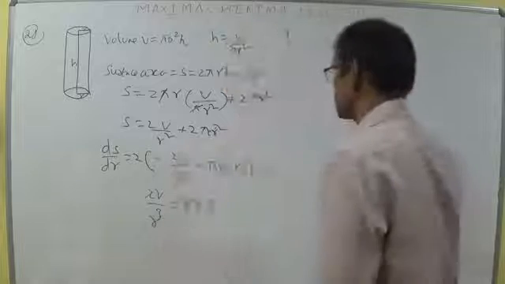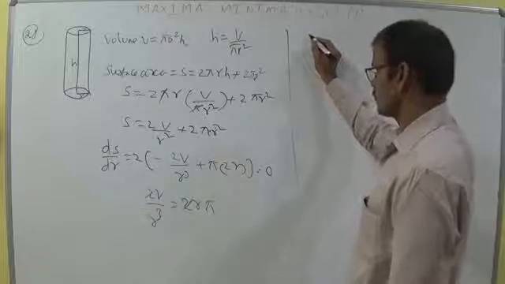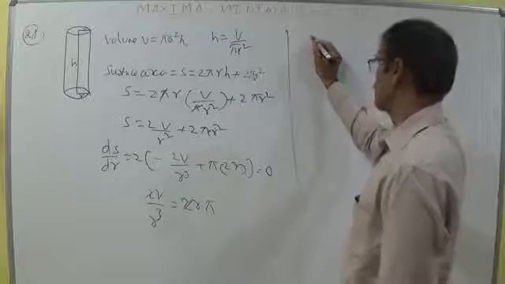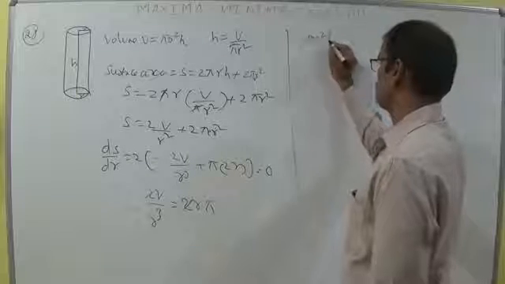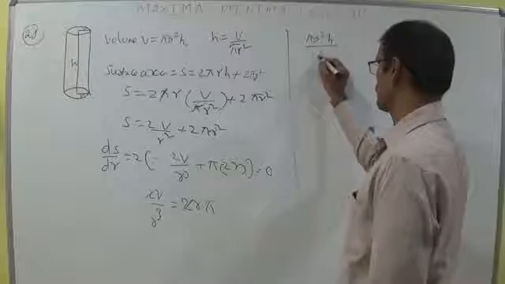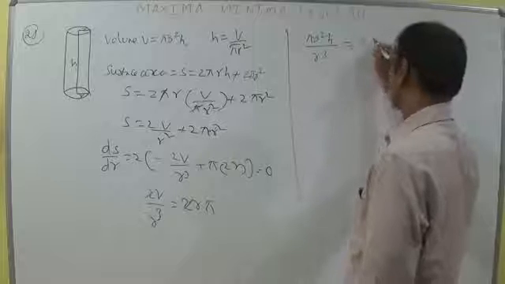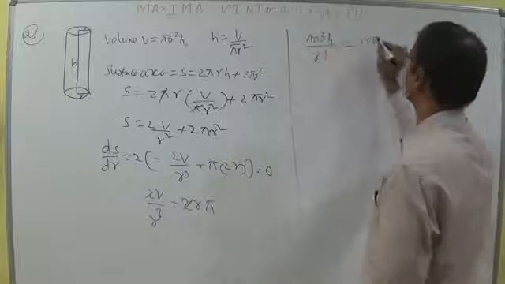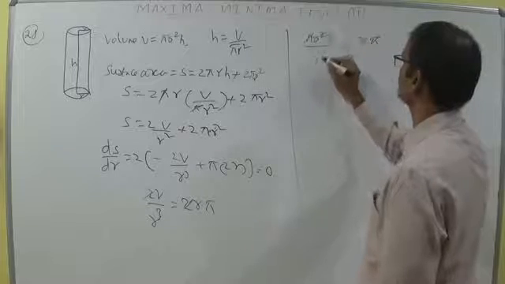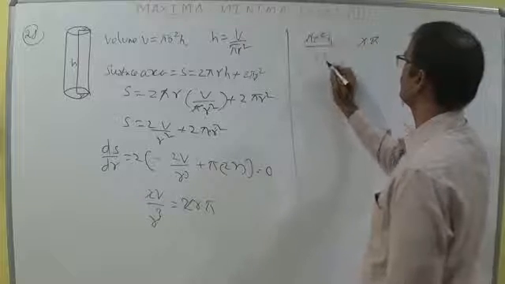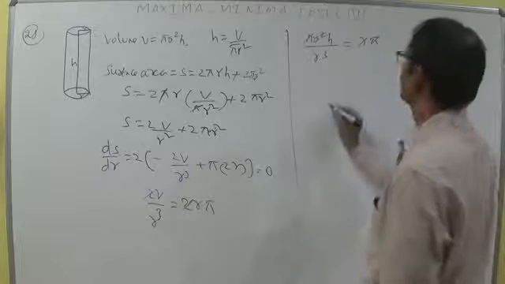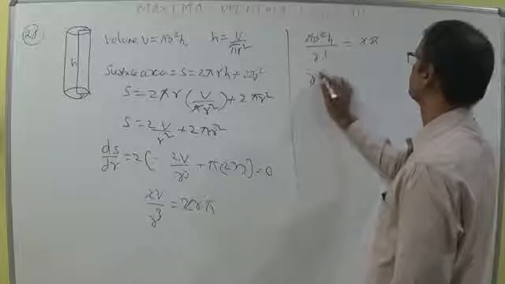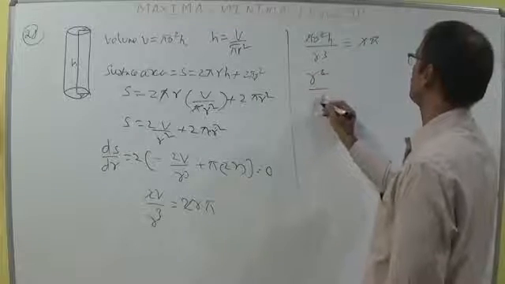V is equal to pi r square h. Instead of V I am writing pi r square h by r cube. Here pi and pi get cancelled, r square gets cancelled, leaving r square by r cube.